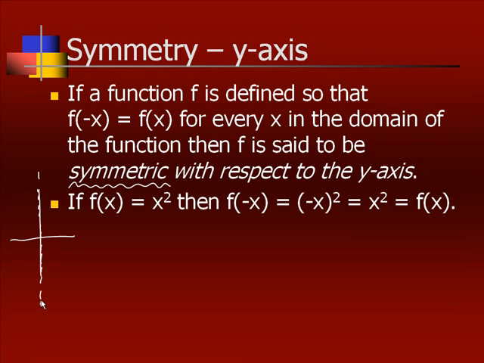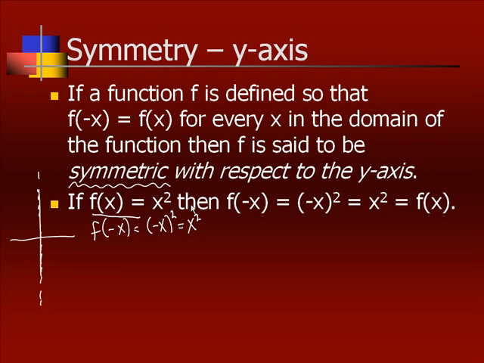If f of x equals x squared, to show that it's symmetric with respect to the y-axis, the first thing we're going to do is plug in, there's your f of x, which is x squared. Then we're going to plug in f of -x, which means (-x) squared, but (-x) squared means x squared.